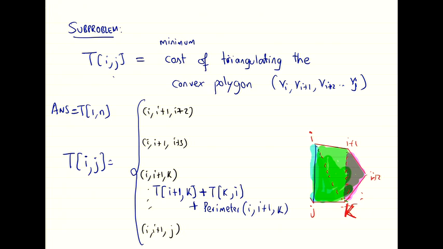And we don't know which of these vertices from I plus 2 to J is part of the triangle, but we know that the optimal one will pick the minimum of them. So it's the minimum of these possibilities. So that's the recurrence relation.